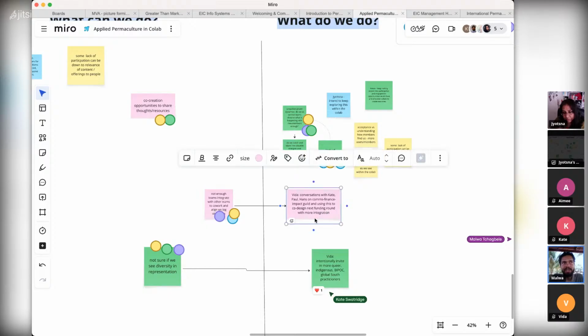For instance, I see a lack of participation, something we can focus on, and also unspoken power dynamics.